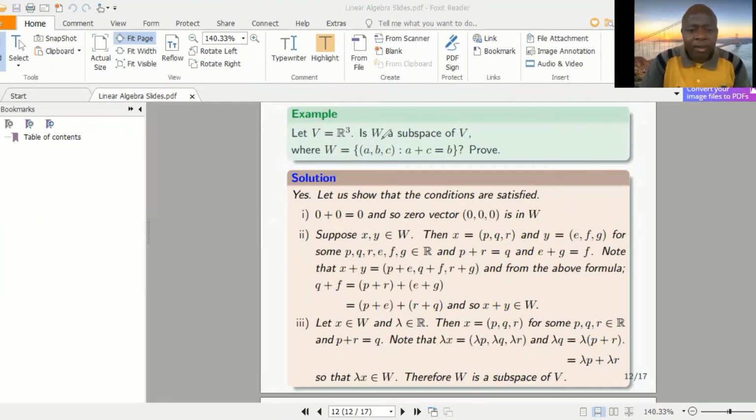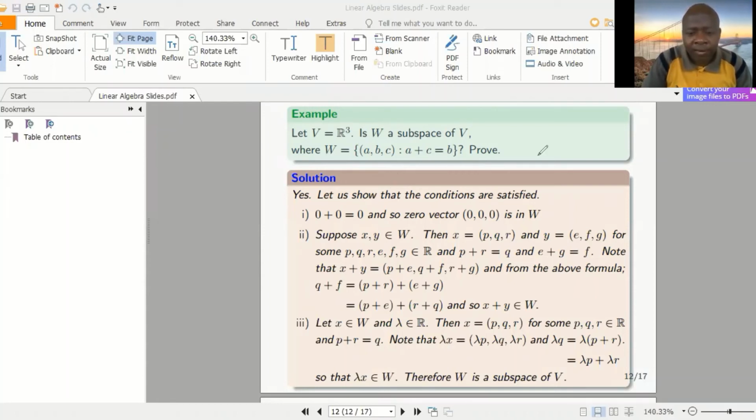Let's proceed to the next. Is W a subspace of R3, where W is given by this list? The condition here is that the first element plus the third element gives you the second element. So let's go through the conditions and see whether they're satisfied. The first condition is to show that W has the zero vector, 0, 0, 0.